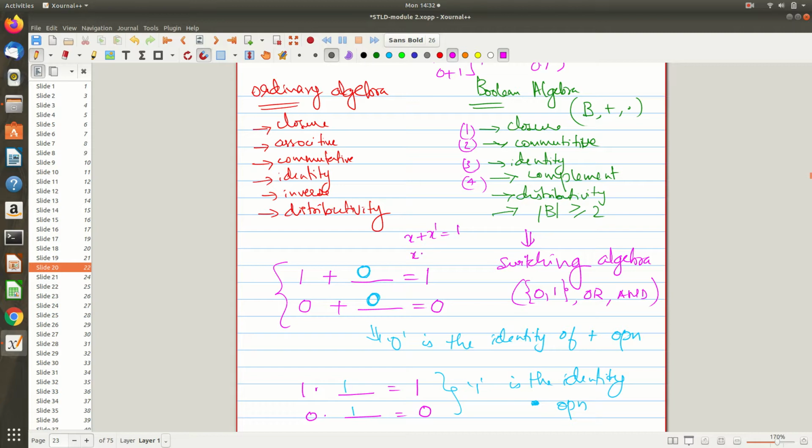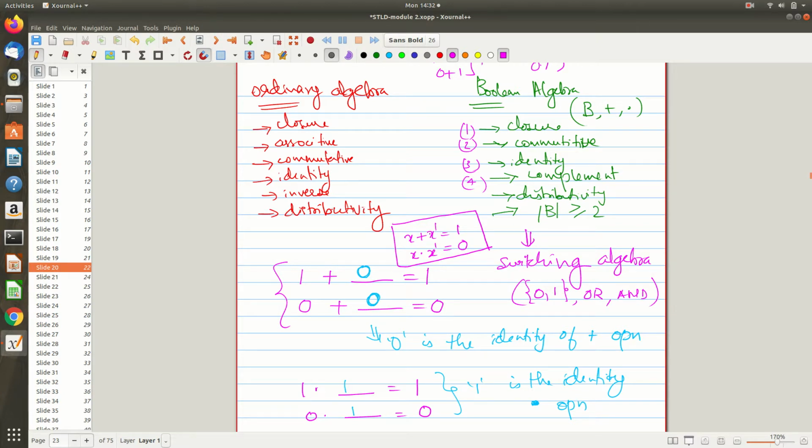Similarly, element dot its complement should give you the identity of plus, which is 0. This is my requirement. Accordingly, is it true? What we defined as the complement is simply flipping the bit: if it is 1 the complement is 0, if it is 0 the complement is 1, that you know. Then is it true? You can verify 1 plus 1's complement.